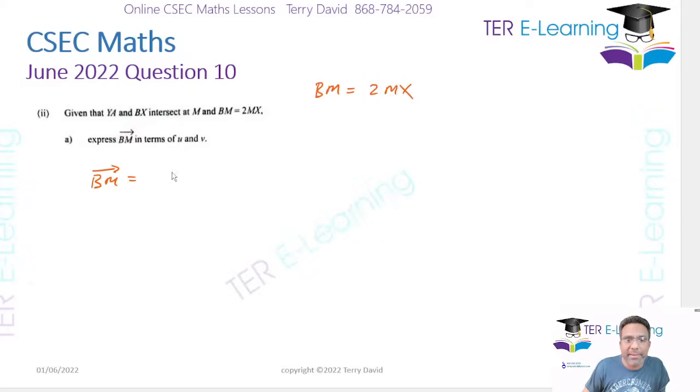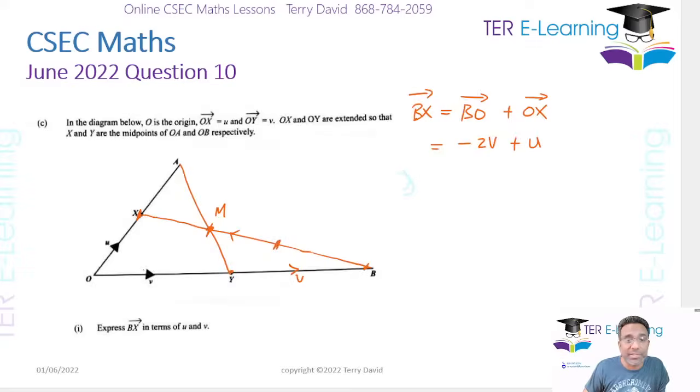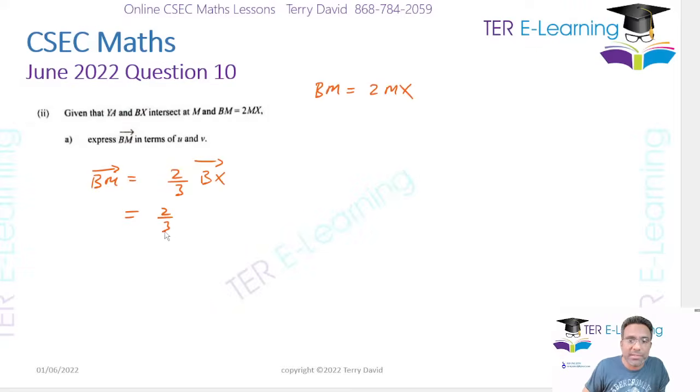And you just worked out what BX was. You got minus 2V plus U. So this is 2/3 multiplied by minus 2V plus U. So that's going to be minus 4/3 V plus 2/3 U. That's what this is going to be.